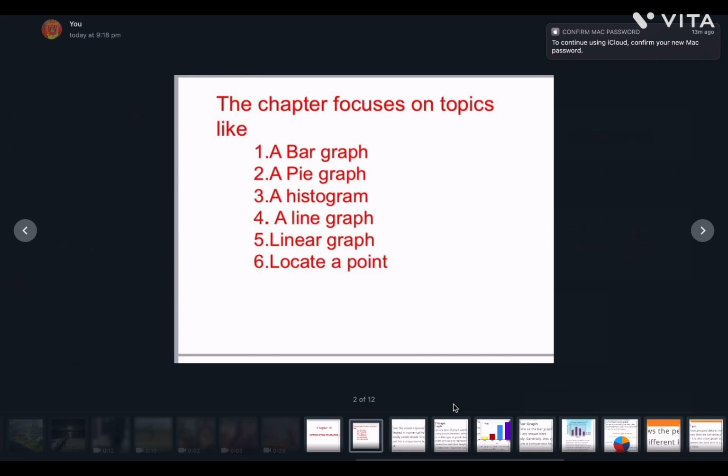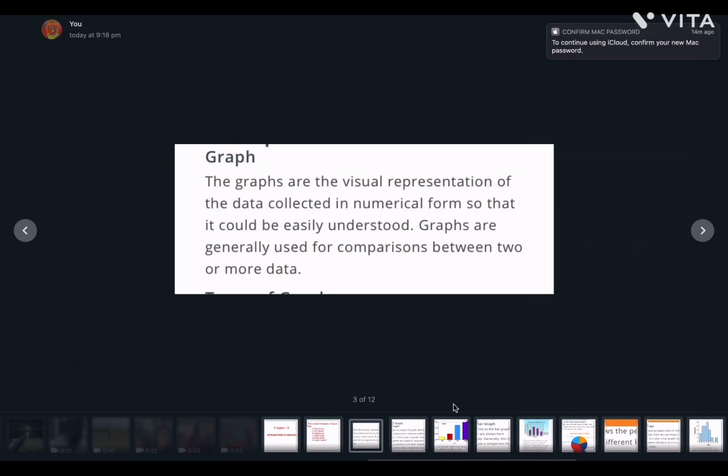So the purpose of a graph is to show numerical facts in visual form so that they can be understood quickly, easily and clearly. Students, graphs are the visual representation of the data collected in numerical form so that it could be easily understood.